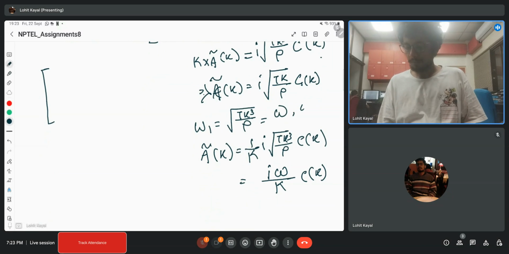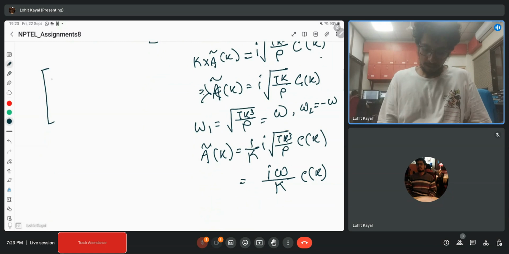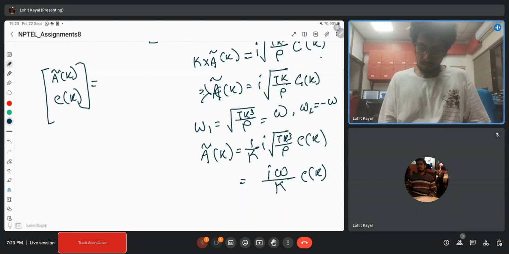And omega 2 say equal to minus omega. So I can write a tilde k, c k equal to this constant coming out times i square root of Tk by rho and 1.